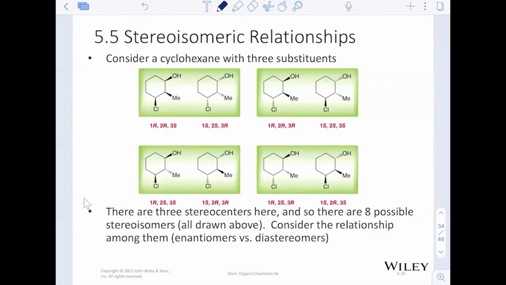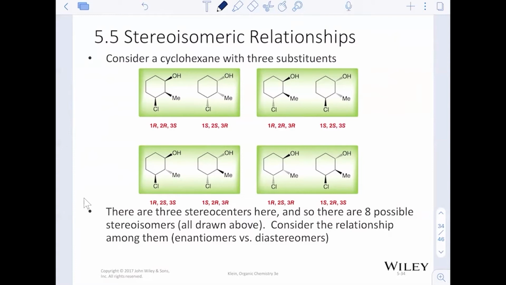Now, when we get big cyclohexane groups, when we get lots of substituents on molecules, when we get more than one chiral center, that's where we get the diastereomer, and we're going to practice this a lot.